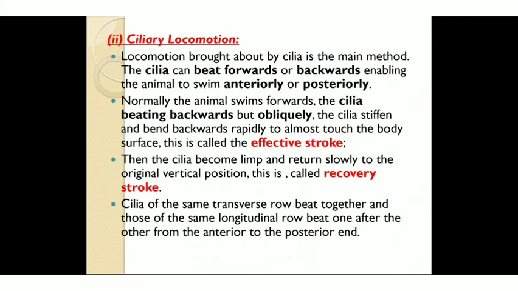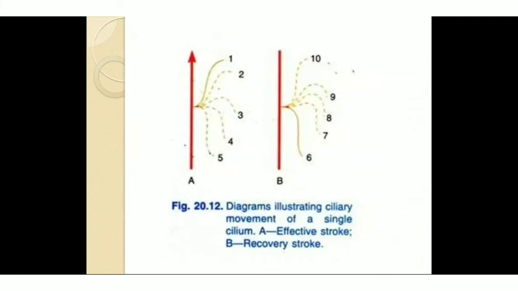In the next picture we can see what exactly the effective stroke and recovery stroke are. Here we can see two different pictures which show the position of a single cilia. Picture A is the effective stroke.